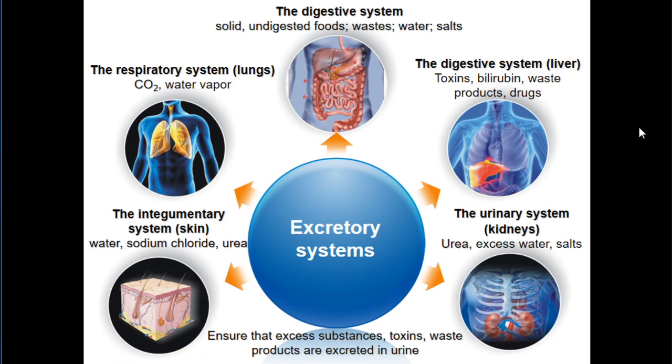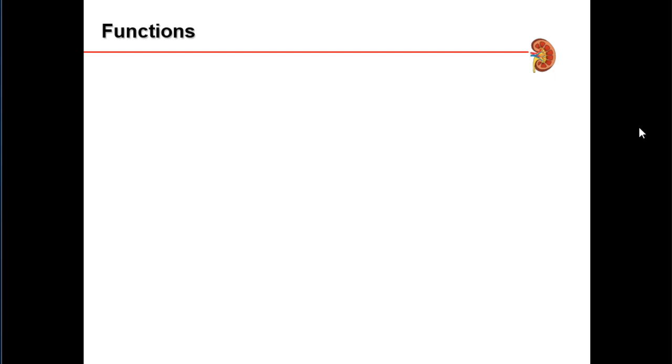And last but not least, the urinary system, kidney, excreting lots of waste products, including urea and also excess of water, salts. Kidney ensures that excessive substances, toxins, and waste products are excreted in urine.